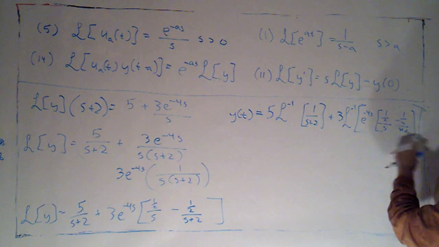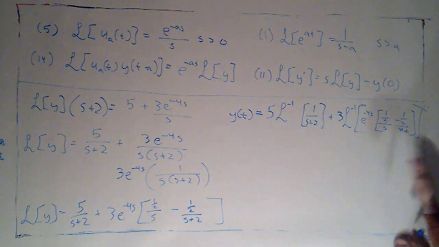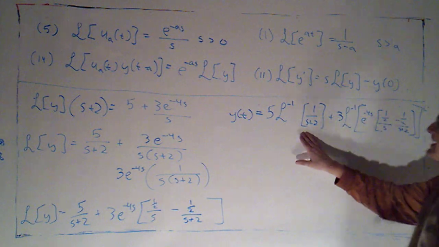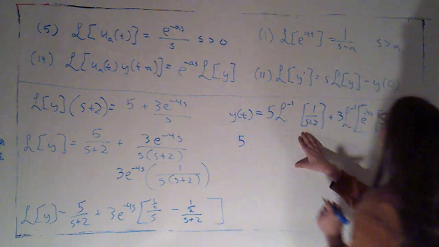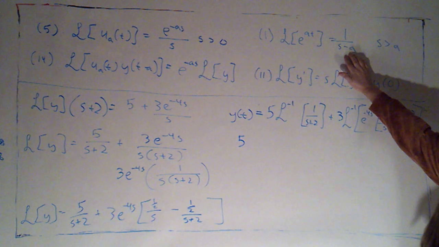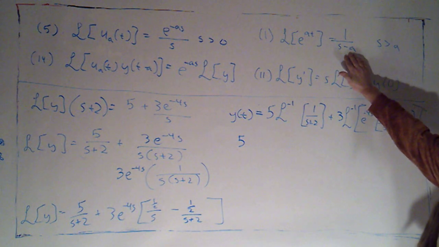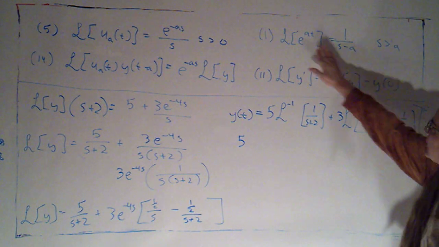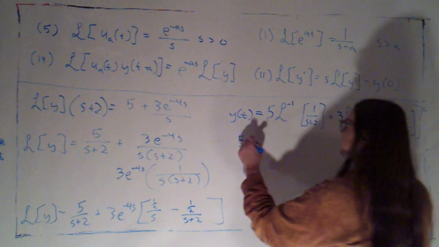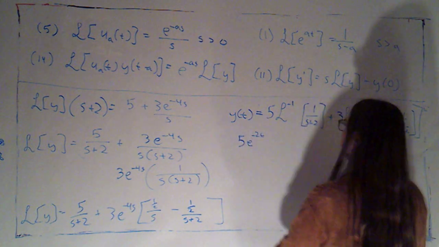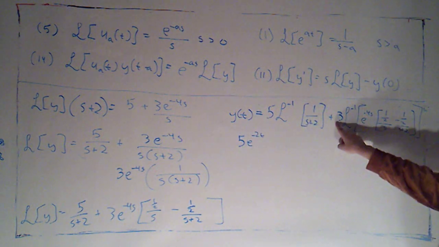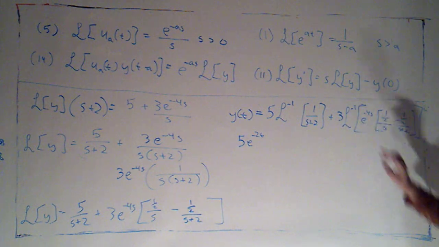And I can see this piece is going to be the trickier piece. Let's go ahead and get this piece first. That's going to give me 5 copies of, this is a match for this if my a is negative 2, so I'm going to just get e to the negative 2t. Okay. Plus I'm going to get 3 copies of this.